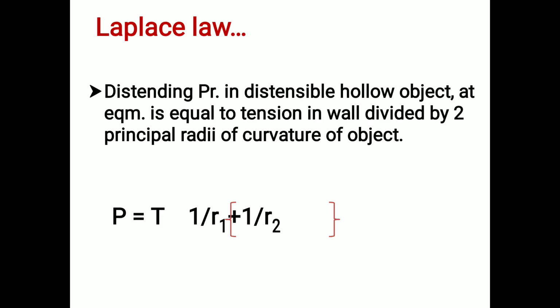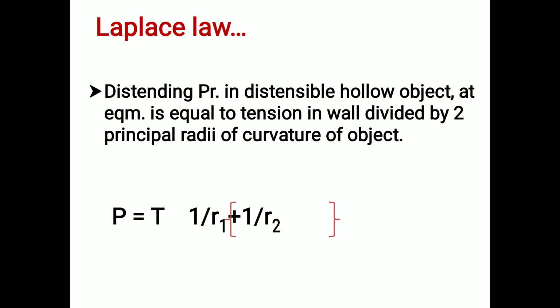This is the Laplace law. Also we have looked into this Laplace law. Basically it is the relationship between the distending pressure and the tension on the walls in a hollow viscus.